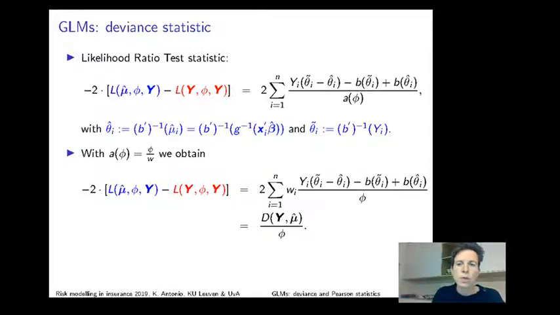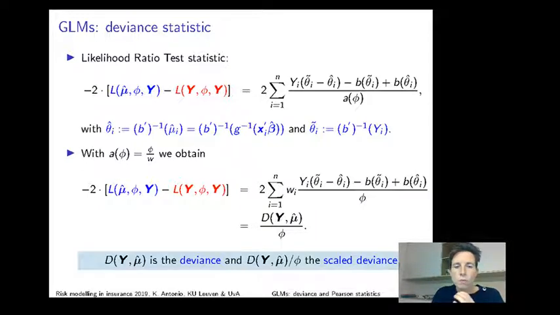So do note that in the setting of Poisson regression, the expressions for deviance and scaled deviance are the same, they're equal, because the dispersion parameter in our Poisson regression example would be fixed, it would be equal to 1. However, as you can see here, in a general setting, the dispersion parameter is unknown, and therefore it has to be estimated, and the scaled deviance reflects this.